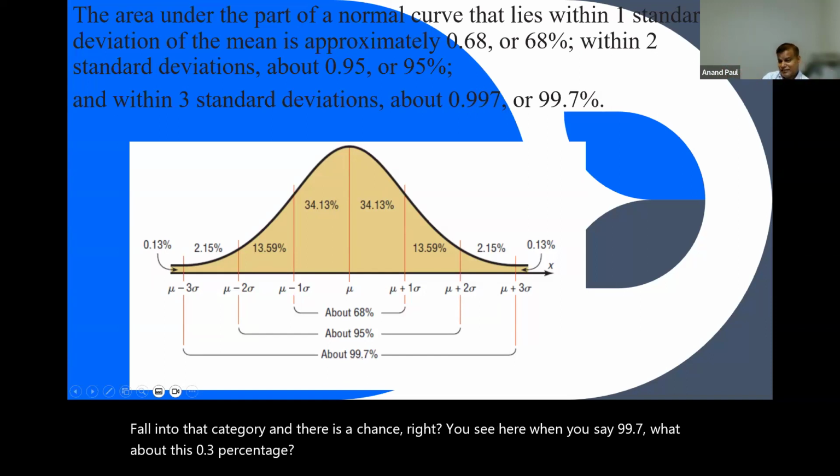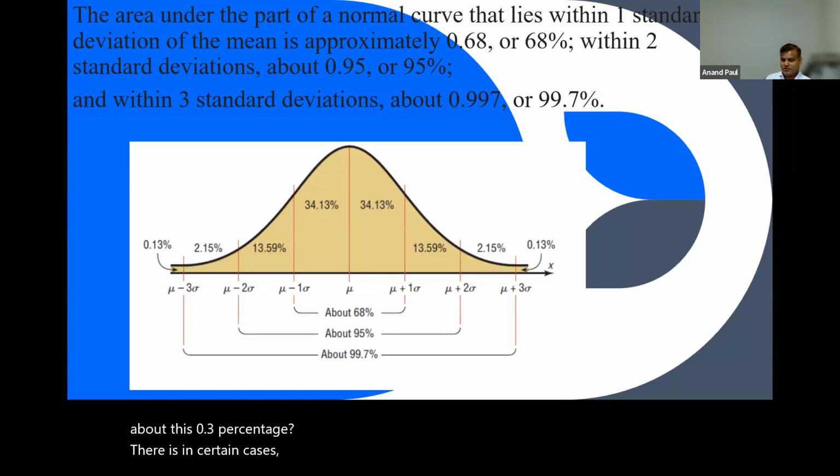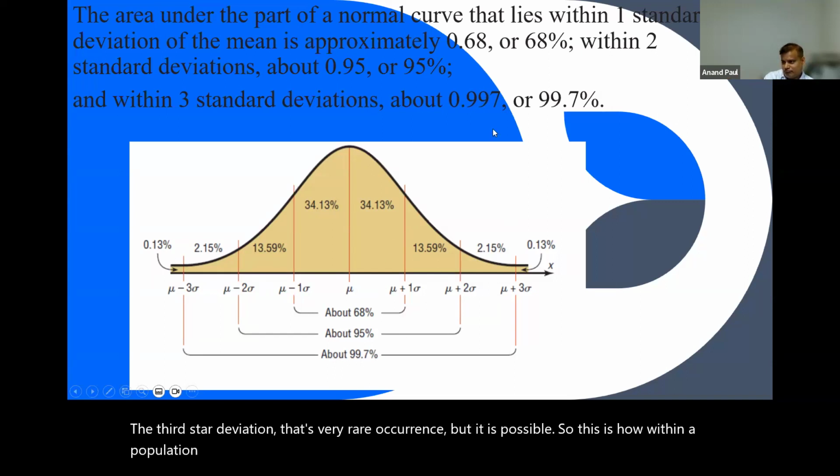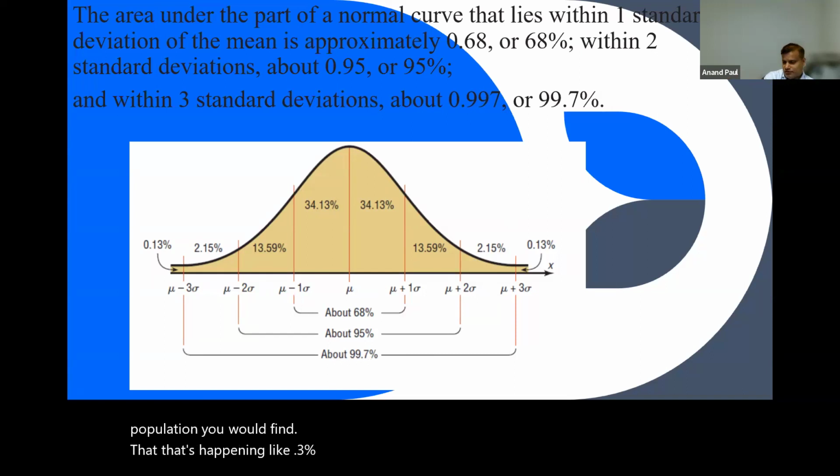There are, in certain cases, some unusual chances of having 0.3% outside the third standard deviation. That's a very rare occurrence, but it is possible. This is how, within a population, that 0.3% would happen, generally speaking. So this is the general thought.